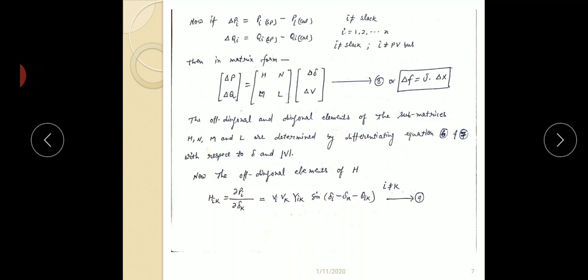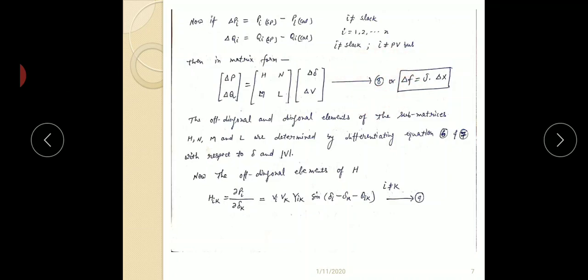And delta Qi is equal to Qi specified minus Qi calculated, for i not equal to slack and i not equal to PV. This is the condition. So in matrix form we can write delta P, delta Q equal to H N M L times delta delta, delta V, or this can also be written as delta F equal to J into delta X. Okay, very important equation number 8.